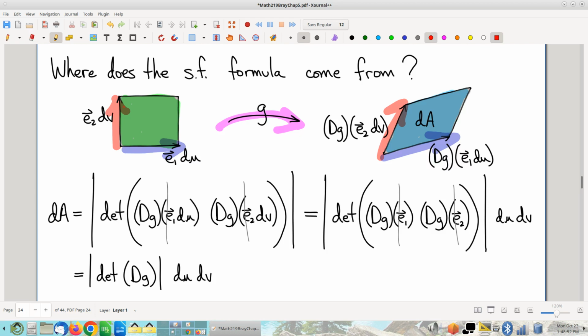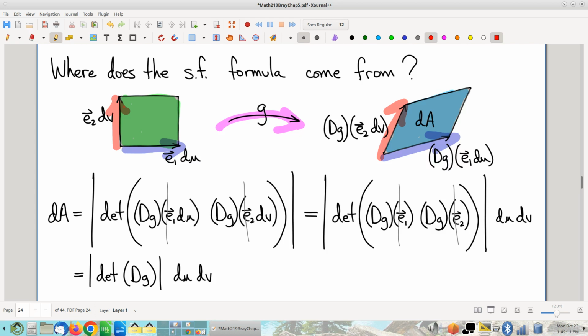And its width is du. Right? It represents a little change in the u direction. But now, wanting to think of it as a vector, well, look, it goes in the E1 direction and has magnitude du. So this, as a vector, is E1 du.